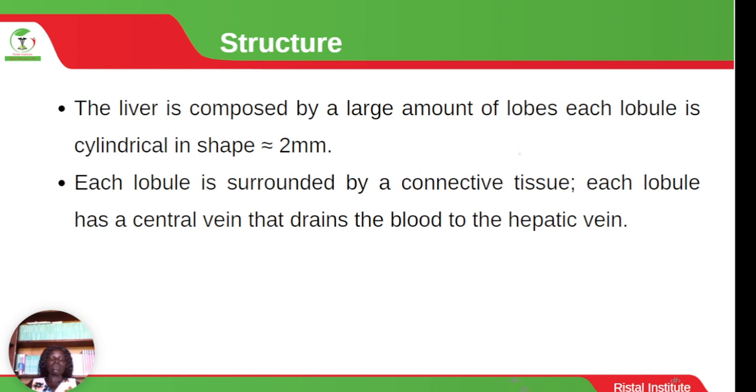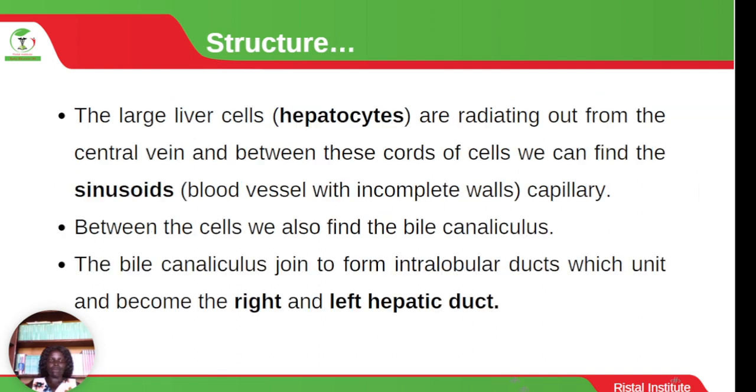The liver is composed of a large number of lobules. Each lobule is cylindrical in shape, about 2 millimeters. Each lobule is surrounded by connective tissue. Each lobule has a central vein that drains the blood to the hepatic vein.